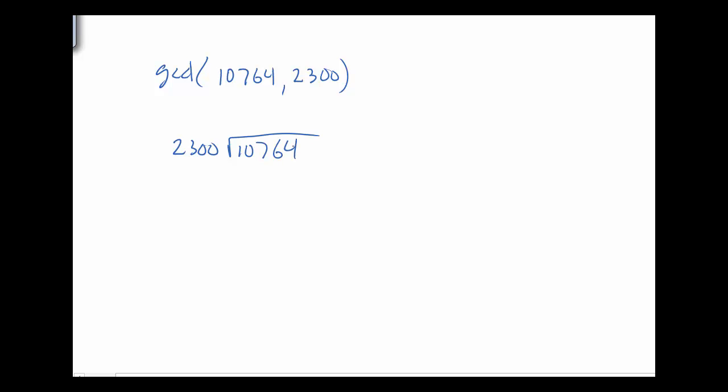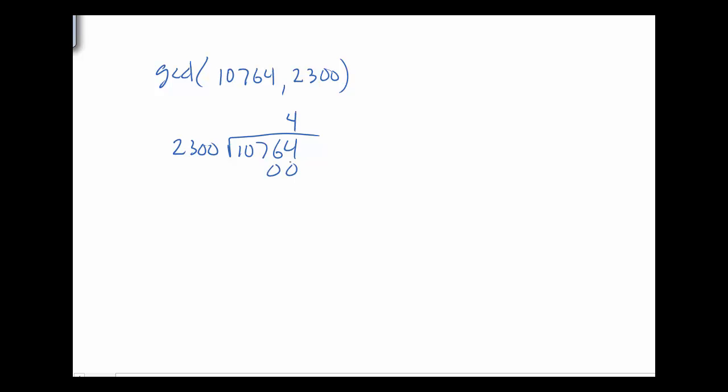Okay, and so we would play around with the numbers and hopefully it goes in there once. Let's see, twice would be 46, 3 times would be 69. 4 times looks about right, so we'll try 4 times on that.